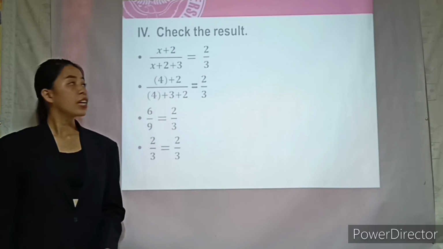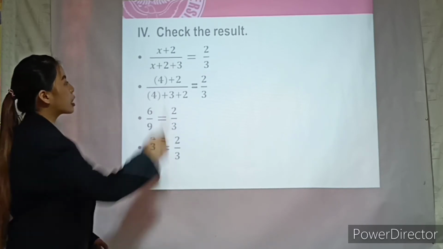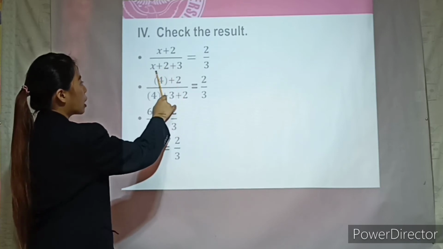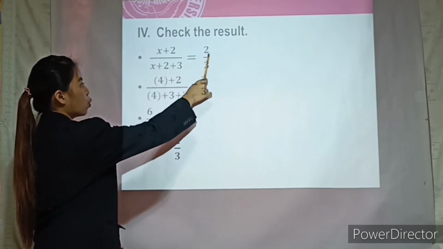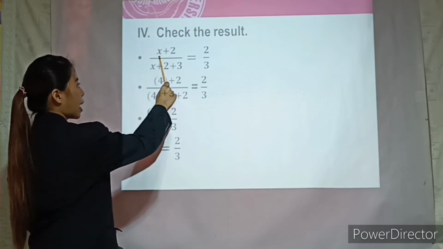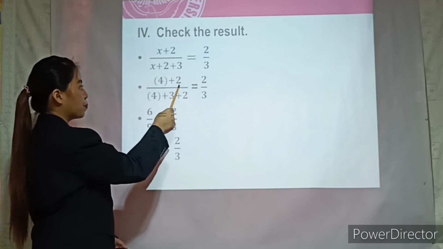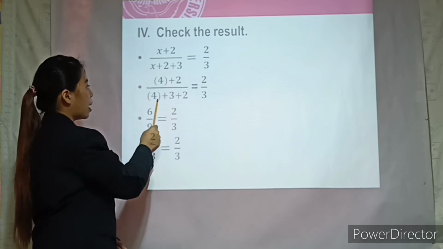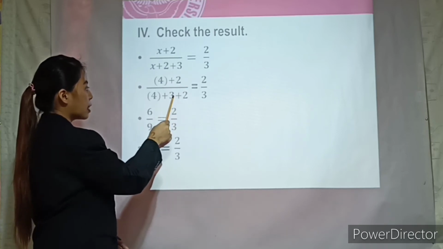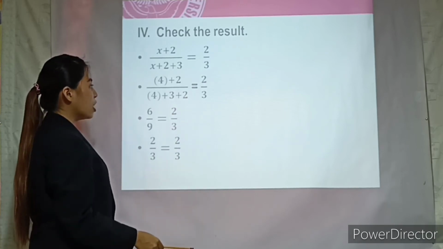So next, now let us check the result. x plus 2 over x plus 2 plus 3 equals 2 over 3. That is our equation. So we let our x be 4. 4 plus 2, that is 6. Then 4 plus 3 plus 2, that is 9.